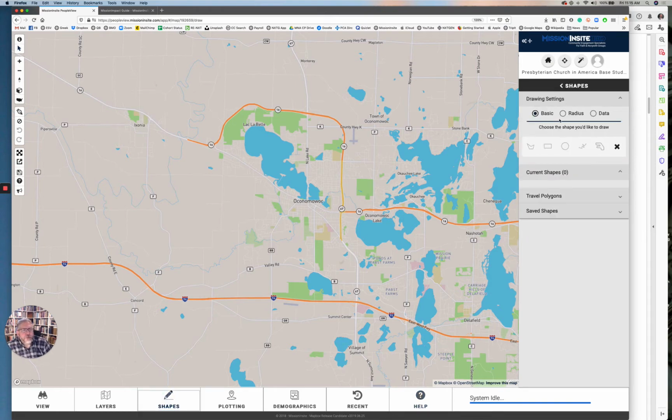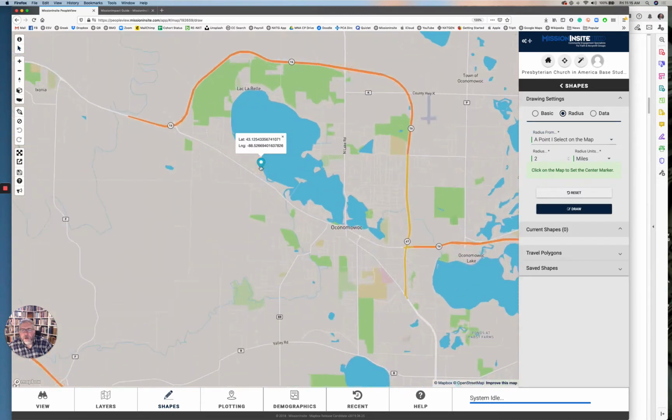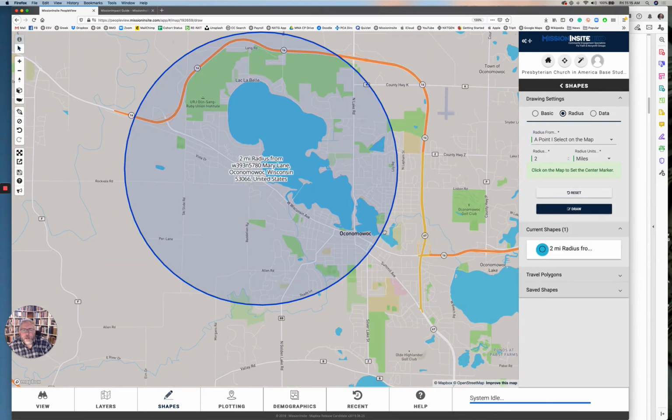Well, let's just say we're going to do a radius, a circle. The standard is 2.5 miles. You can certainly make that smaller if you want to be more specific. You can put an address in, or you can drop a pin on the map, and let's just say put that pin right here, and then draw that circle at a 2-mile radius.